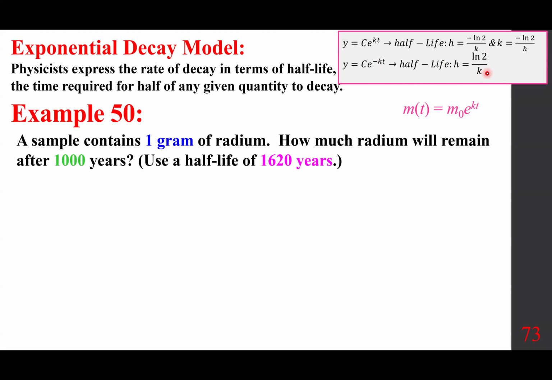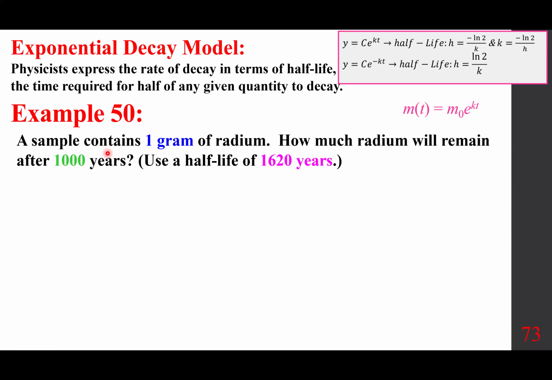So normally, in many cases, they use m of t equals m sub 0 e to the power of kt. I'm showing you various formats that may be used, this format or this format, that ultimately means the same thing. This is the mass at time t. This is the initial mass times e to the power of kt.